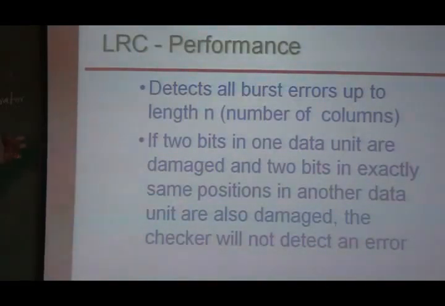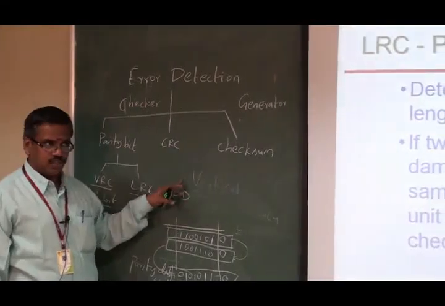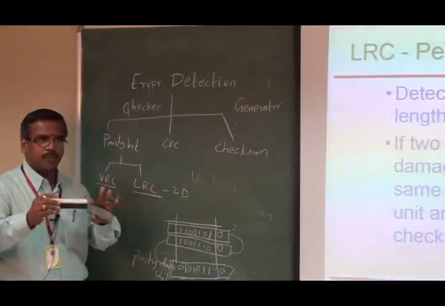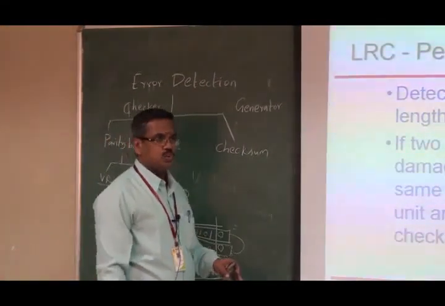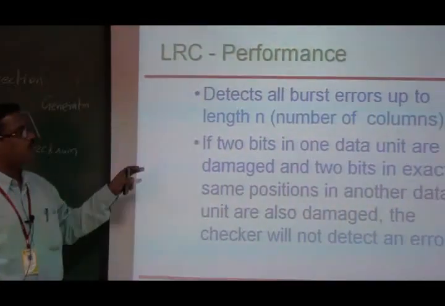So what is the performance of this? This kind of multiple data unit, that is rows and columns error check, 2-dimensional or LRC, whatever terminology we are using, is mainly used for detecting all burst errors up to length n.